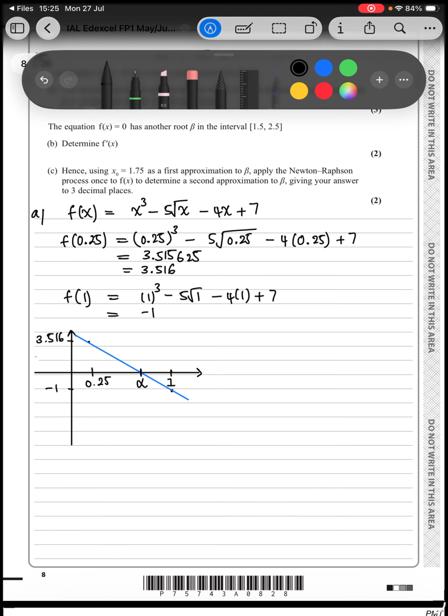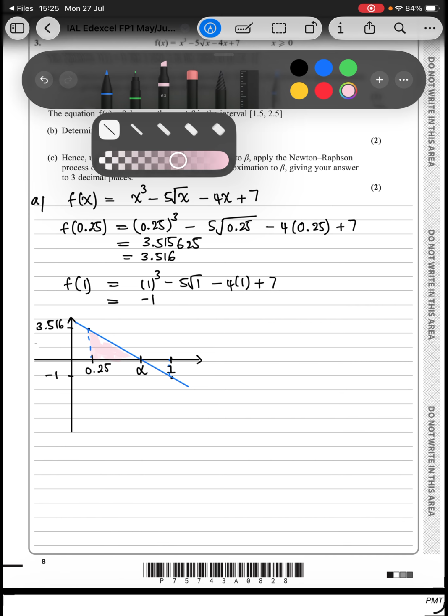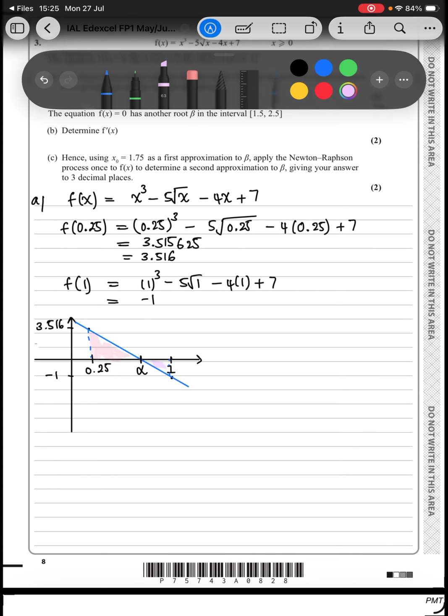So if we are to use the properties of similar triangles, we have to take 2 different triangles and calculate the width over the height or the height over the width. We'll take this big triangle and this small triangle.